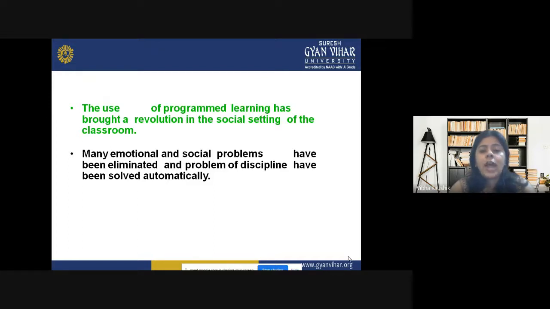Many emotional and social problems have been eliminated if the teachers are using the programmed instructional technique or method to teach the students.